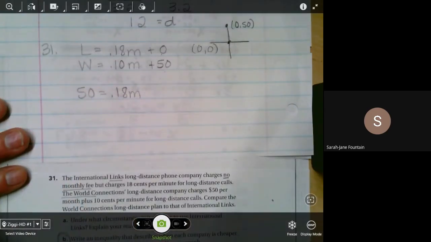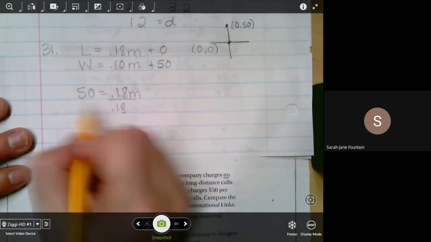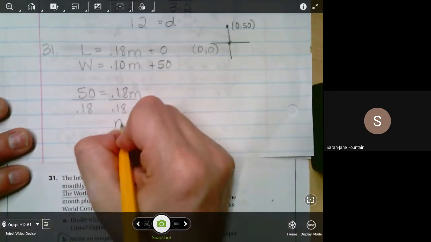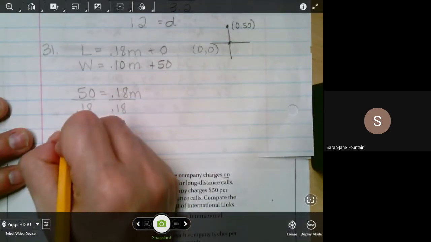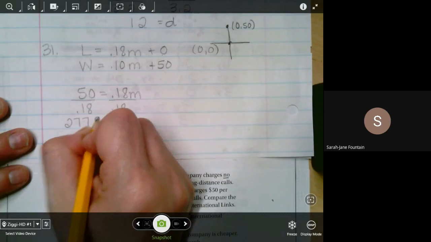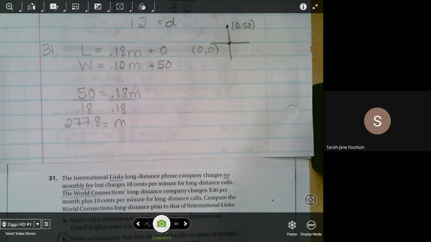Right now I'm multiplying 18 cents and M, so I'm going to divide by 0.18. And M is going to be 277.8 minutes. Well, I know for a fact that I'm going to have to talk a heck of a lot more than that.